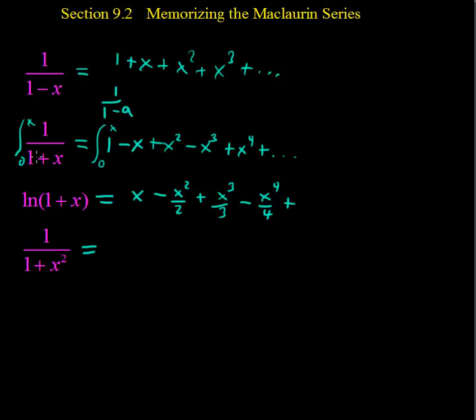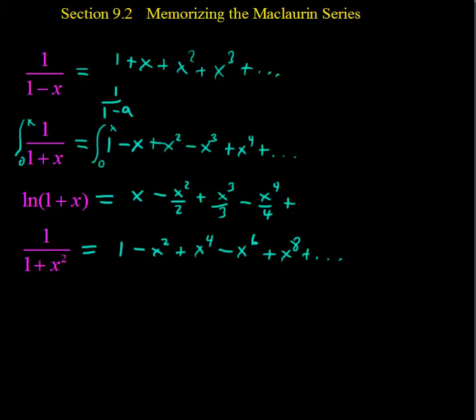So again, it's 1 over 1 plus x squared, so the first term stays the same. 1 minus x squared plus x to the fourth minus x to the sixth plus x to the eighth, and so on.